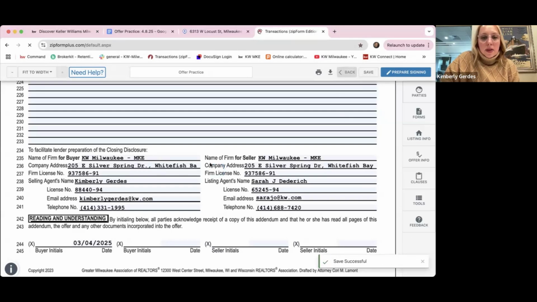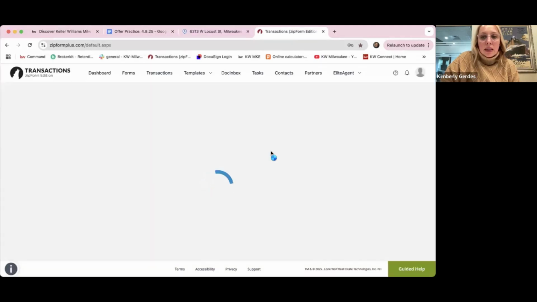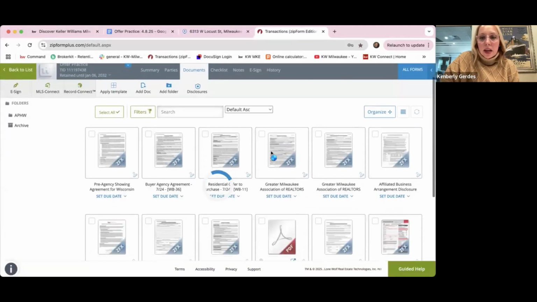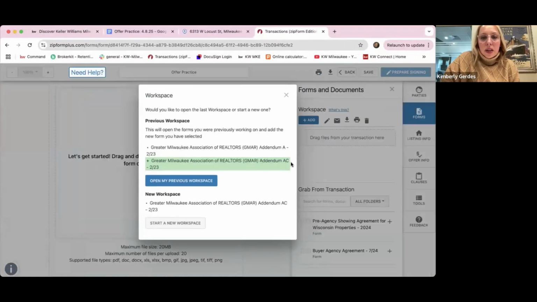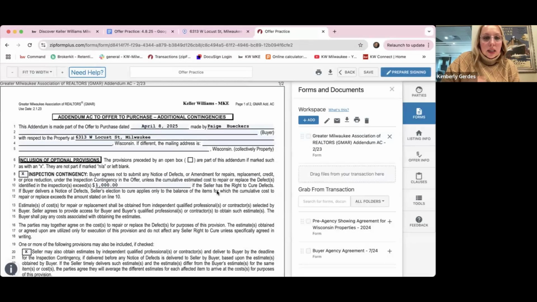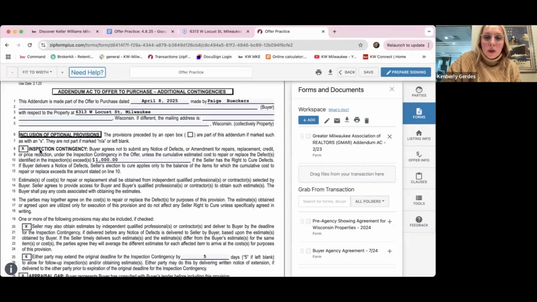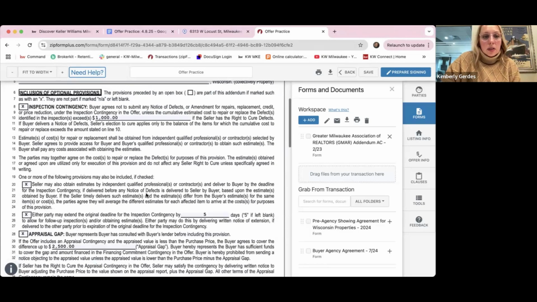And then the last document that we're going to go over is addendum AC. Addendum AC is a newer addendum, and it includes 3 specific contingencies. One is if you have a home inspection and if your buyer is willing to cover up to a certain amount in repairs.